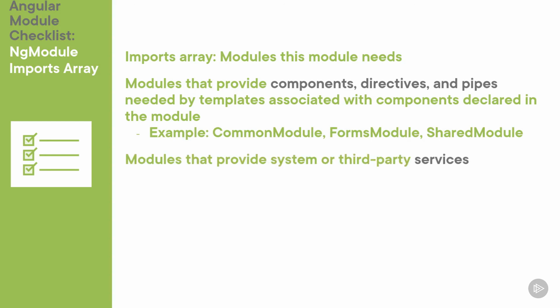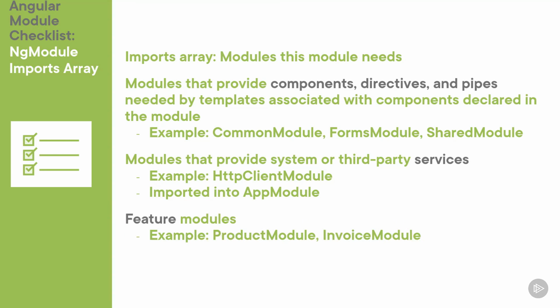The imports array also includes modules that provide system or third-party services, such as HttpClientModule. These modules are often only imported into the AppModule, so the services are only registered one time. And we pull in features from our feature modules by adding them to the imports array as well.